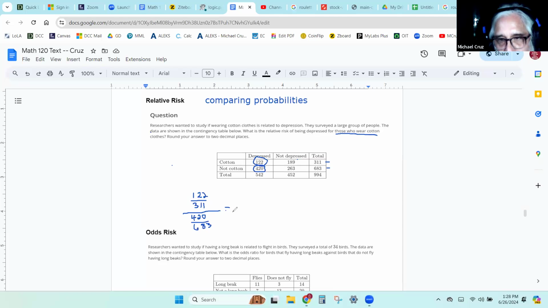So what this ends up being, when you divide one fraction by another, you end up multiplying by the reciprocal. And this is why when you do it with probabilities, in the same scenario, they have the same denominator. The denominators leave, and you just have the numerators. But this is one step beyond that, I guess you would say. Yeah, and then this is the 420.